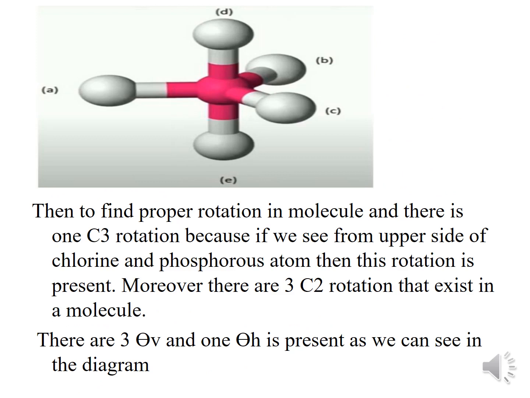Then to find proper rotation in the molecule, there is 1 C3 rotation, because if we see from the upper side of the chlorine and phosphorus atoms, then this rotation is present. Moreover, there are 3 C2 rotations that exist in the molecule. There are 3 sigma v and 1 sigma h present, as we can see in this diagram.